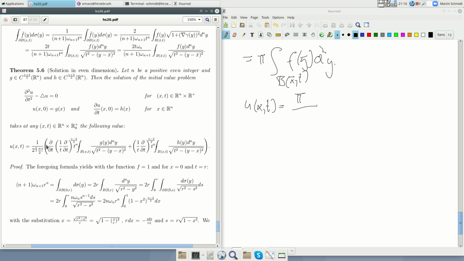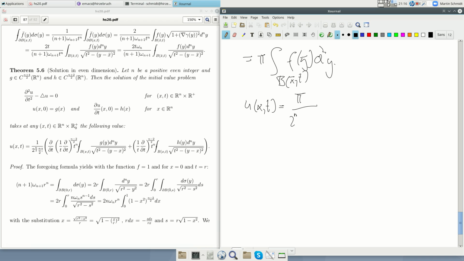Here, this should be n plus 1. So 2, n plus 1 half times n plus 1 half factorial.